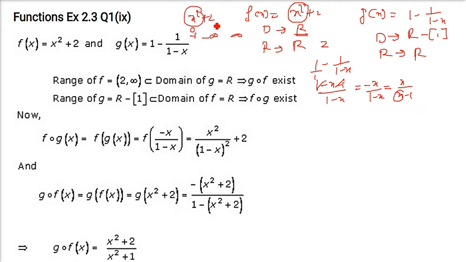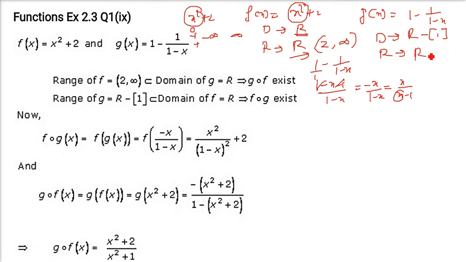And since it is plus 2, it will not start with 0, it will start with 2. So it goes from 2 up to infinity, because x square can never give you a negative value. Negative 1 whole square is a positive value.